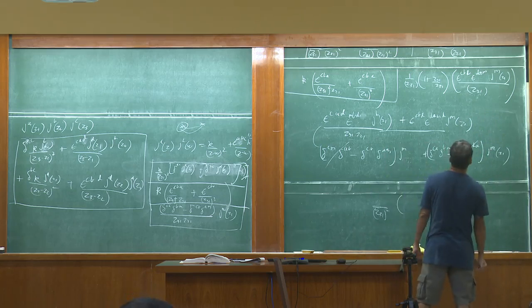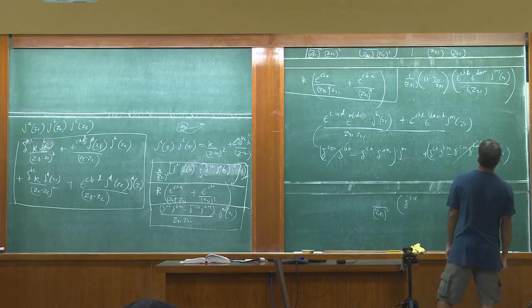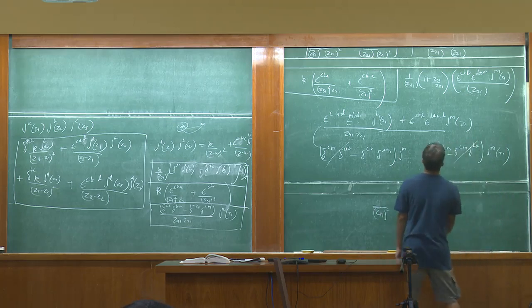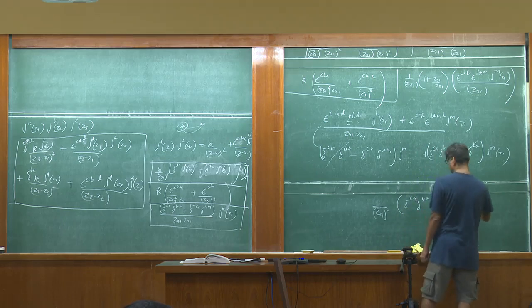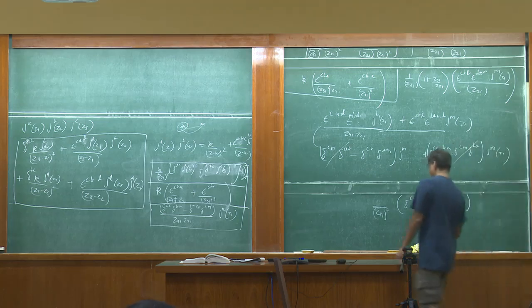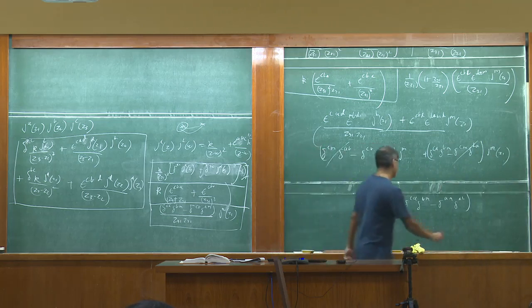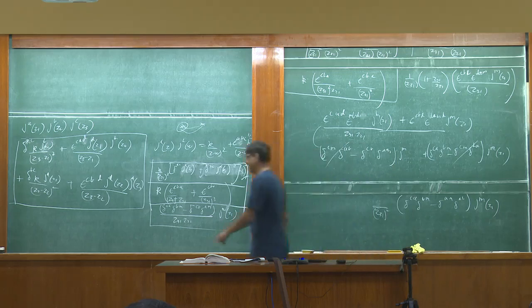We get delta CA delta BM minus delta CM delta AB, and this also multiplies a JM of Z1. Okay, so we'll add this here.